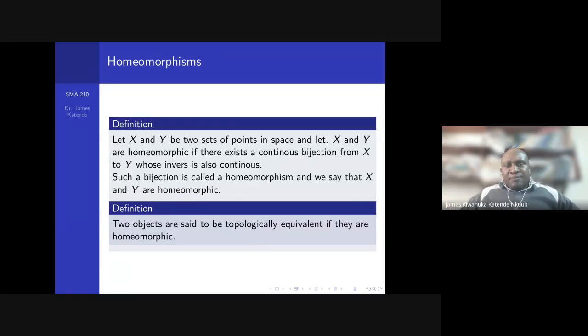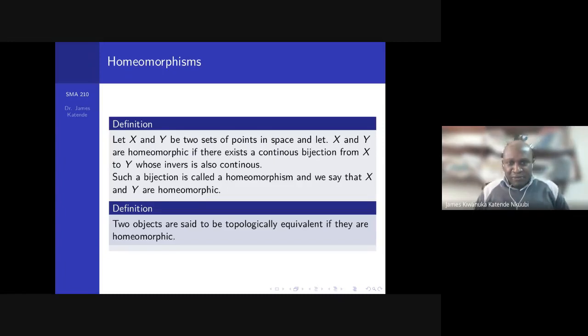So now let's define homeomorphic sets. If x and y are two sets of points in space, then we can say that x and y are homeomorphic if there exists a continuous bijection from x to y whose inverse is also continuous.